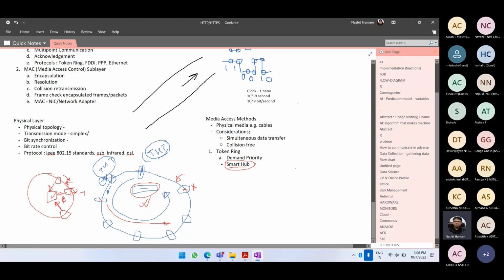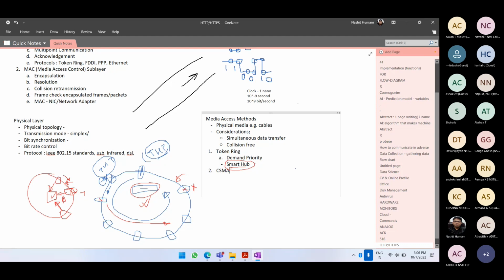Now, the next technology that we have been using for even longer duration of time is CSMA/CD. The algorithm or technology stands for Carrier Sense Multiple Access and Collision Detection.